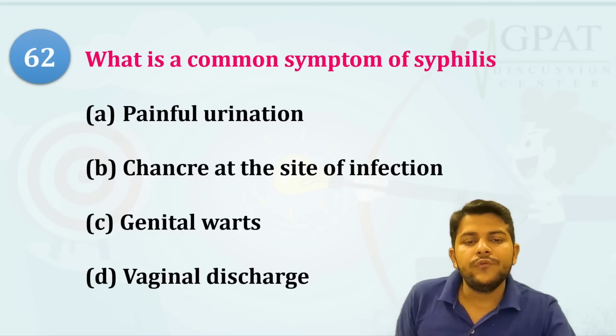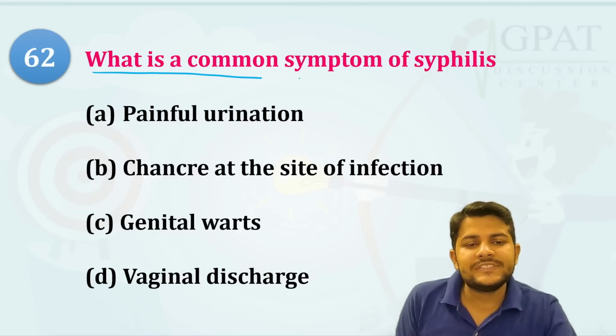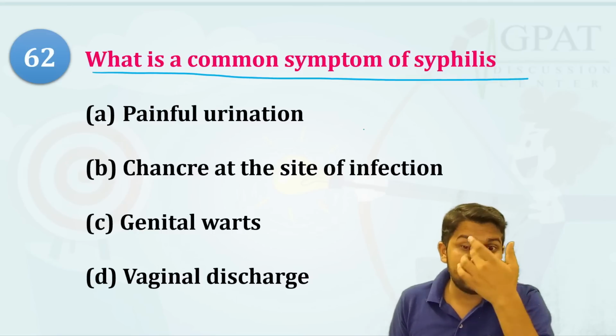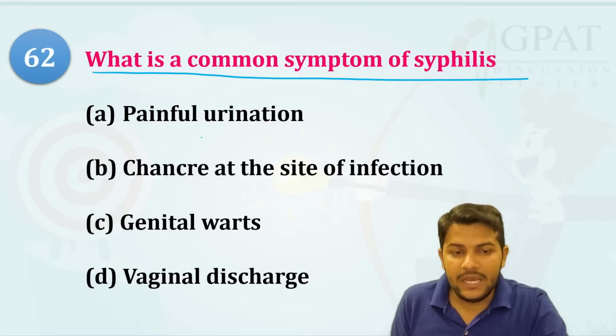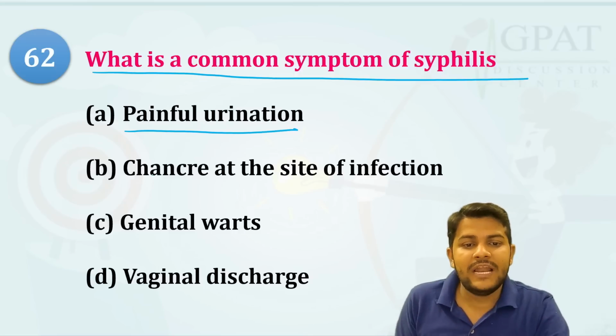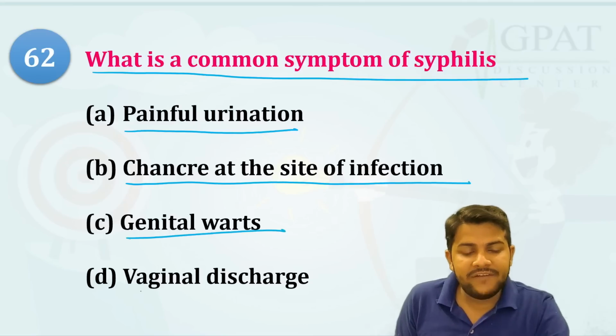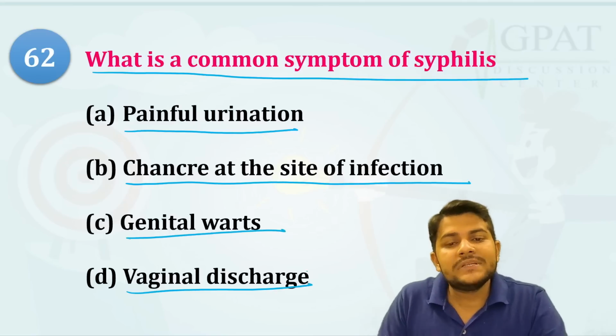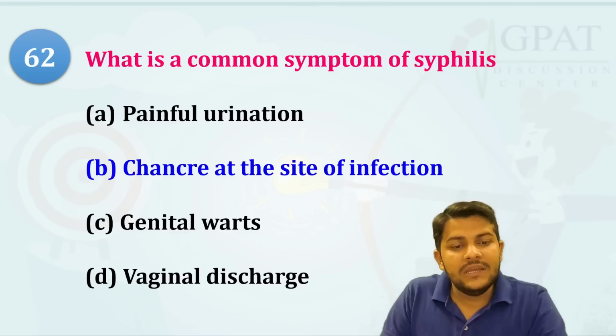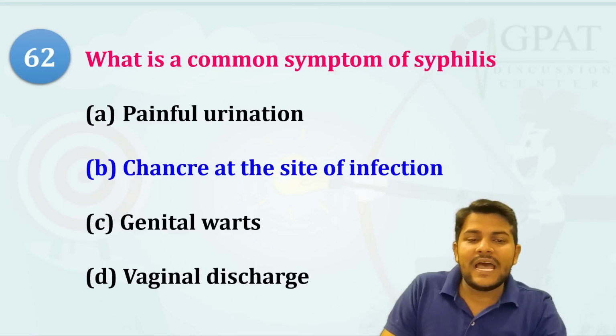Next question for you: what are the common symptoms of syphilis? You have the options: painful urination, canker at the site of infection, genital warts, and vaginal discharge. The common symptom of syphilis is basically the canker at the site of infection.